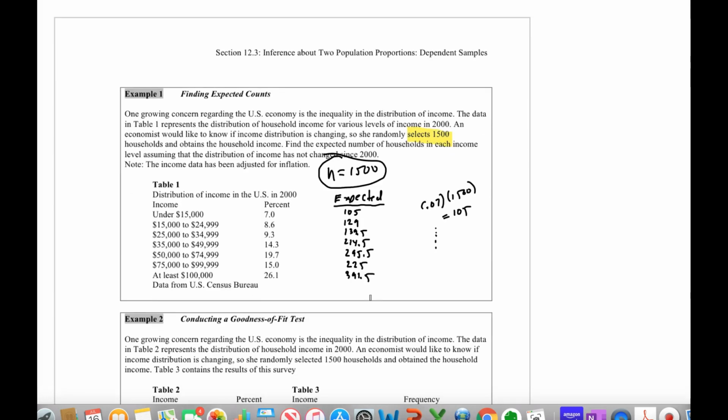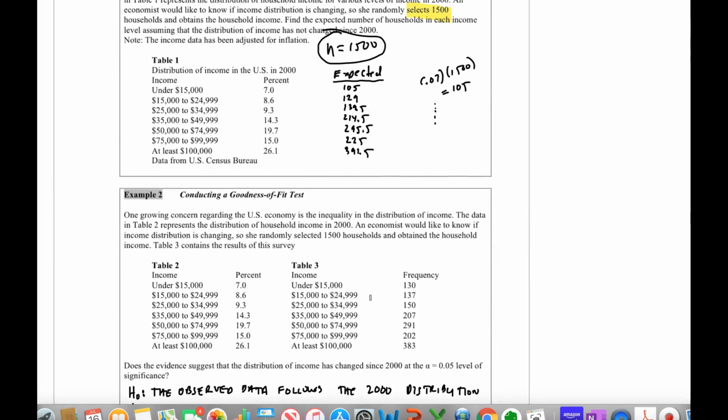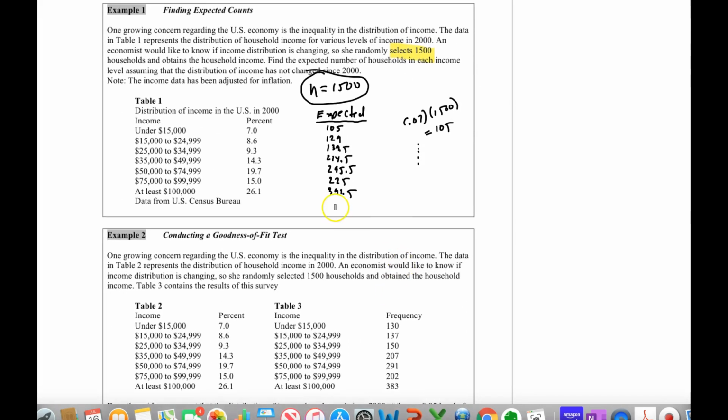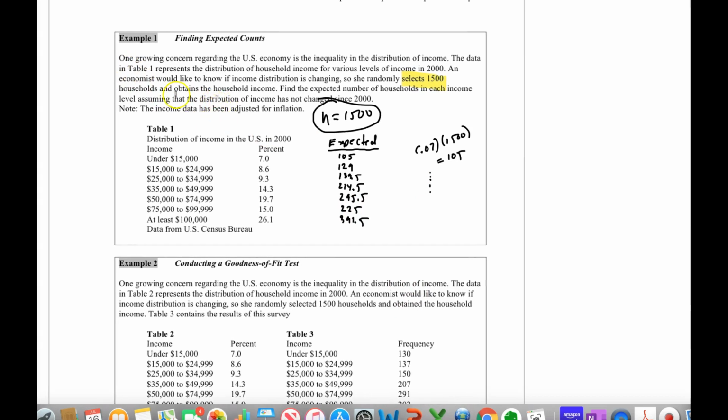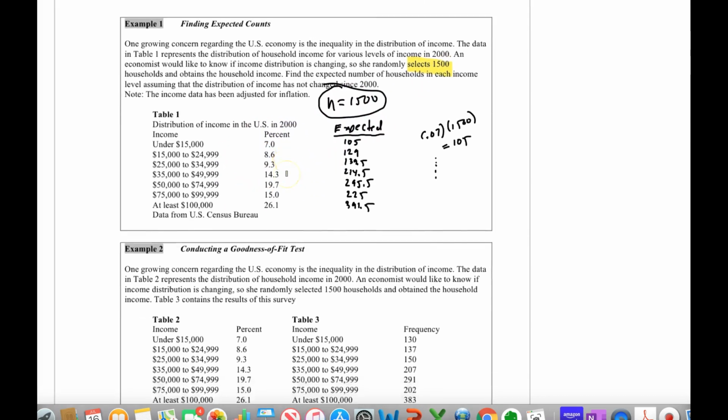Let's do one more example here. Here's the situation from the notes. What are the expected values? Well, there's a 1,500 sample size, so you're just taking the 7%, 8.6%. Take the percent of 1,500, and that's what you would expect out of 1,500 based off of these percents.